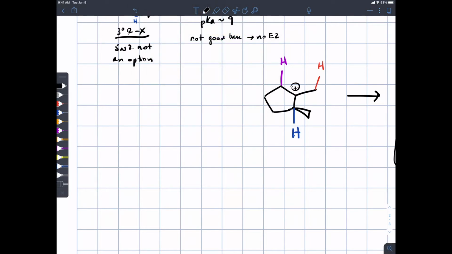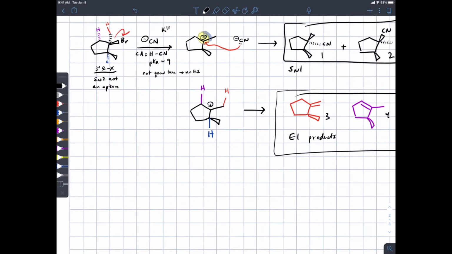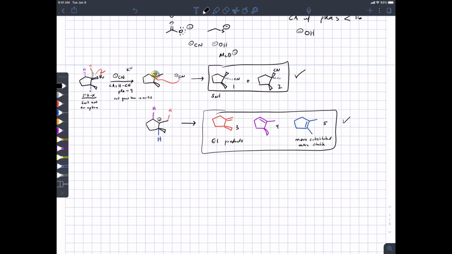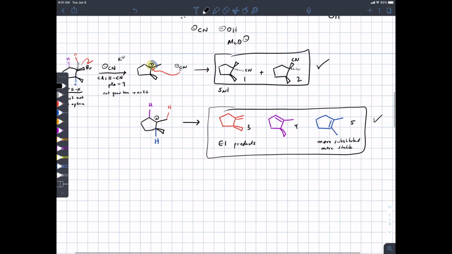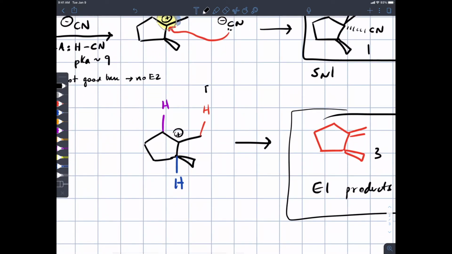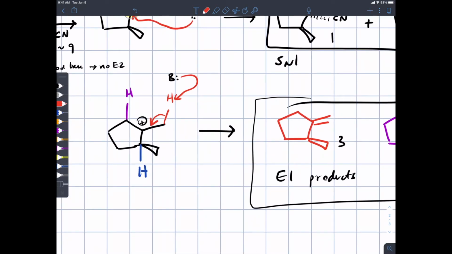Others? Can you just quickly explain how you got that first E1 product? The first E1 product comes from removal of the red proton, which is beta to the positive charge. We remove that proton and form a new pi bond between what used to be the methyl group and the carbon where our leaving group was.